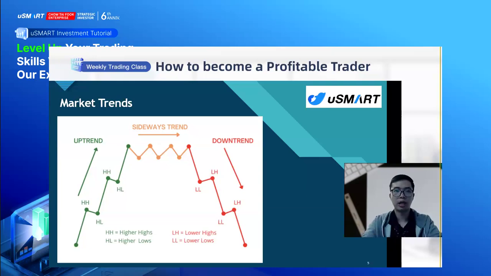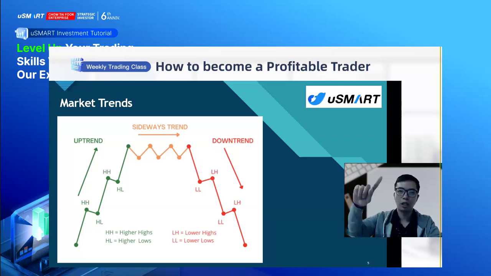As you can see, for an uptrend, the high will become higher, and the low will become higher: higher high, higher low. The high will keep on getting higher, and the low will keep on getting higher. The price will not move one way up.